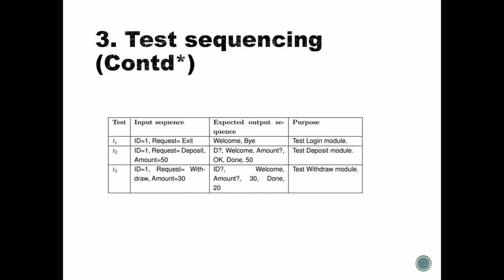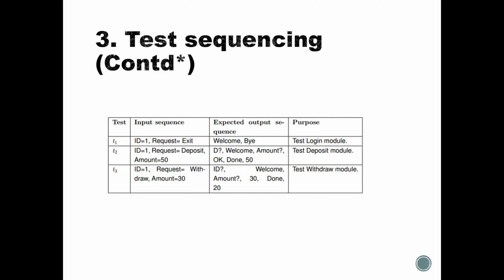So the expected output sequence is: the ID is correct, then it gets a welcome message, then it asks for the amount, the user enters 30, then 30 is withdrawn, and the remaining amount is 20, which is updated in our database. And this is how this test withdraw module is executed.